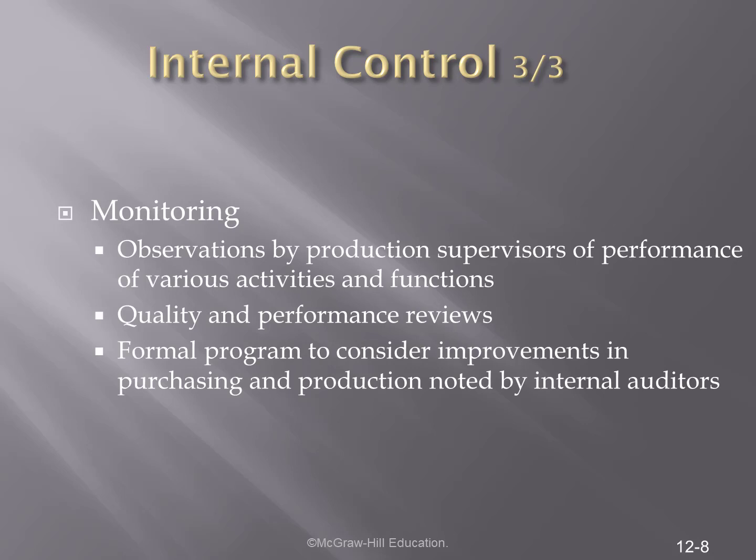As part of our risk assessment, we need to understand the monitoring that is done by the organization. We need to observe what the production supervisors and others within the organization do in regards to the management of inventory and the manufacturing, if in fact this is a manufacturing environment. We need to understand any formal programs related to improvement.